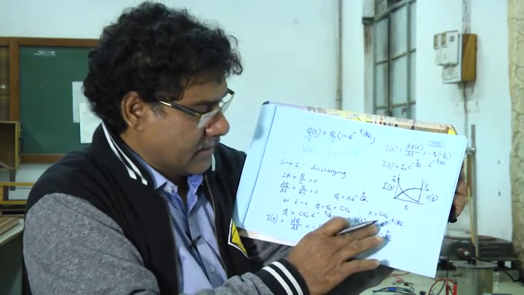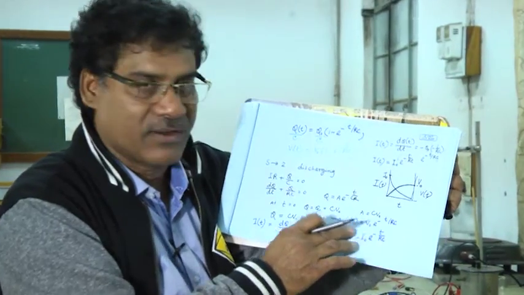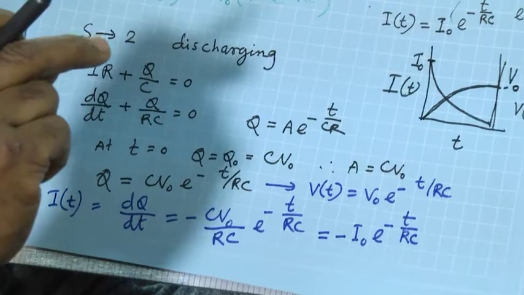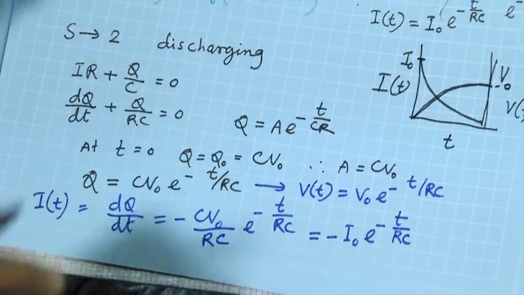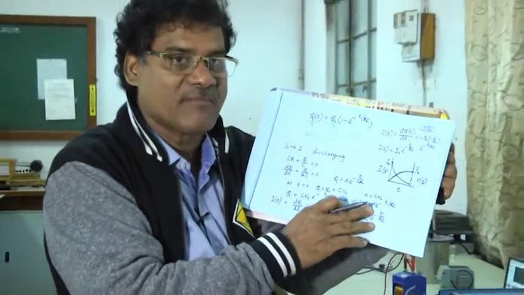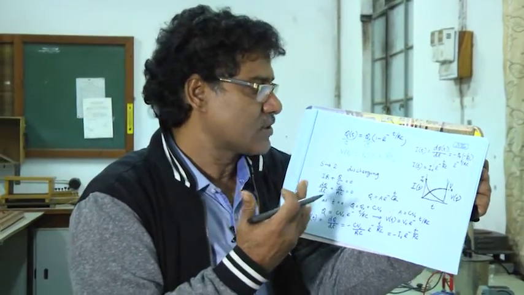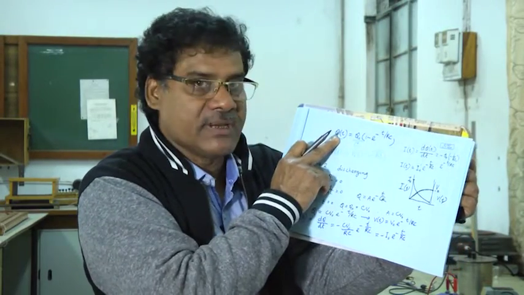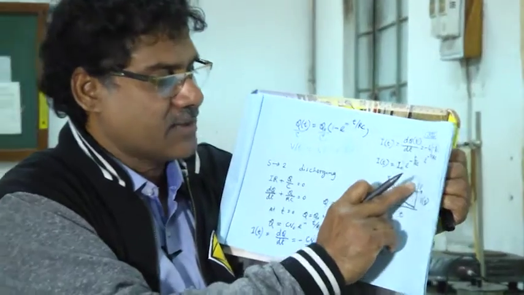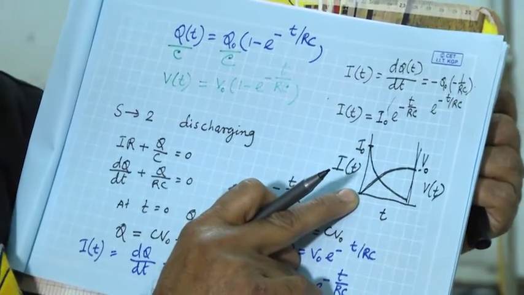In case of voltage also it is similar. The time it takes to decay from V0 to 1 by e times of V0 is called the time constant. During charging also, initially the charge or voltage was 0.